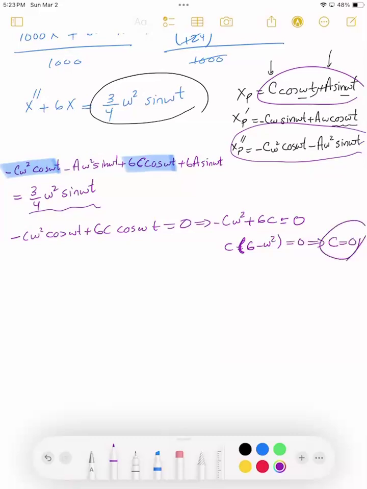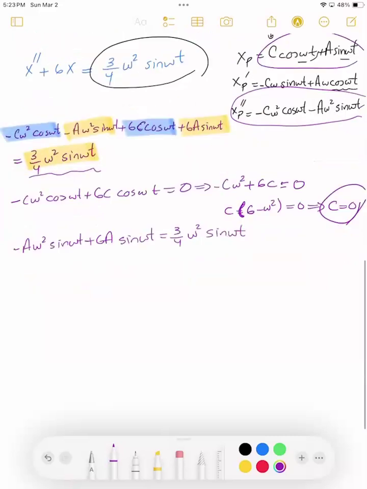So c is equal to 0. Then we set the other terms, the sine ones, equal. Now our other equation is minus a omega squared sine omega t plus 6a sine omega t is equal to 3/4 omega squared sine omega t. Again, we get rid of all the sines and leave the coefficients.